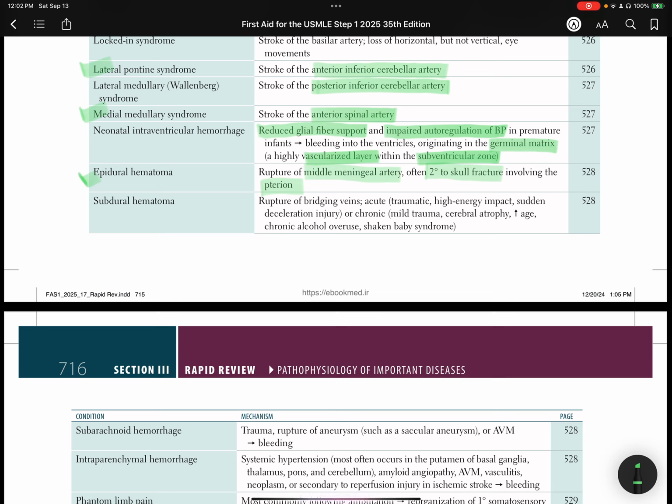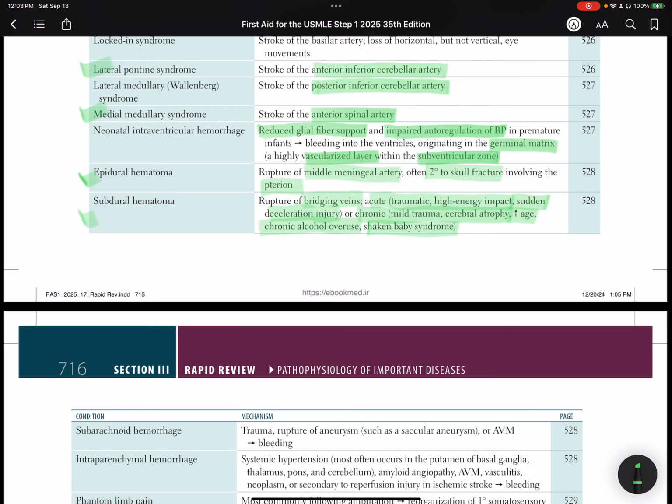What is subdural hematoma? Rupture of bridging veins. Acute: traumatic high energy impact, sudden deceleration injury. Chronic: mild trauma, cerebral atrophy because of increased age, chronic alcohol overuse, or shaken baby syndrome.